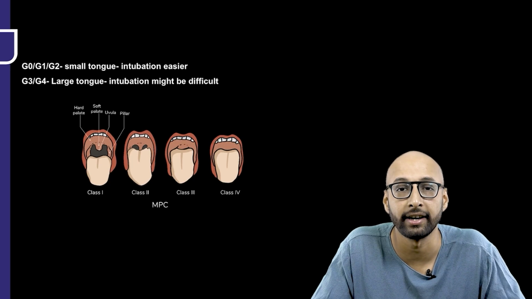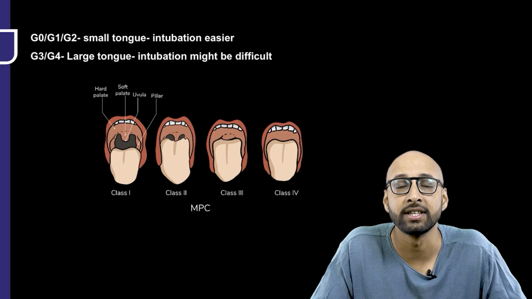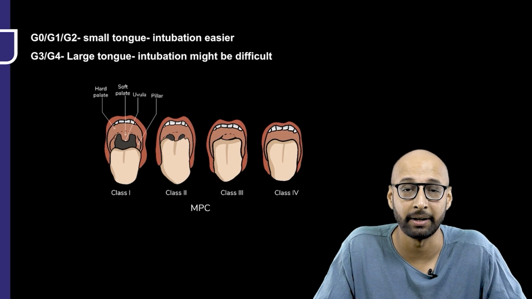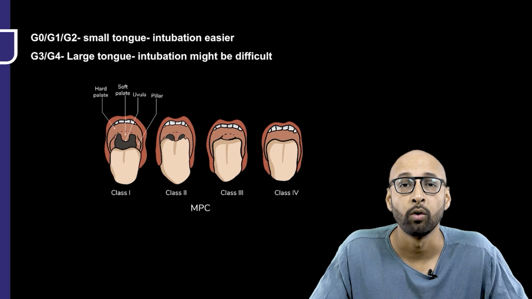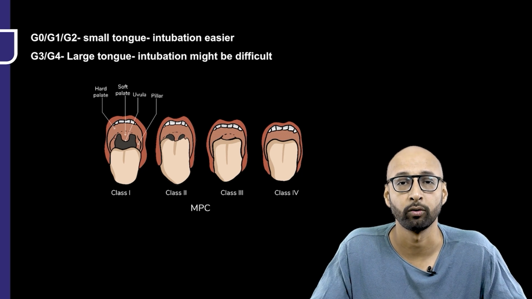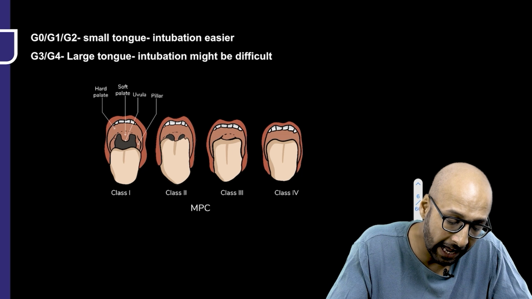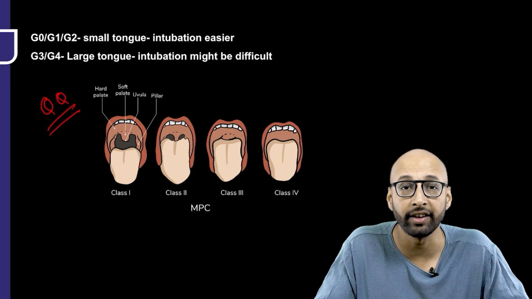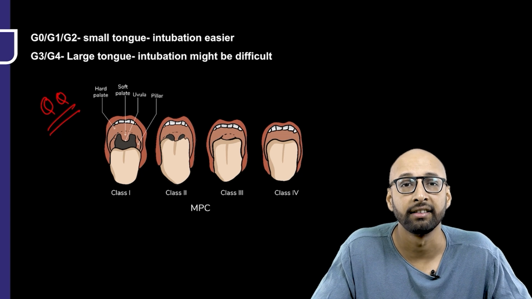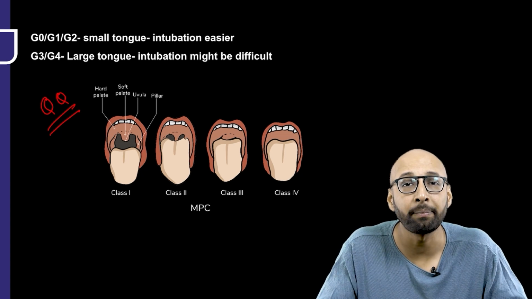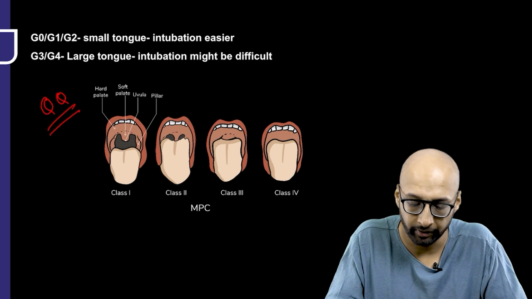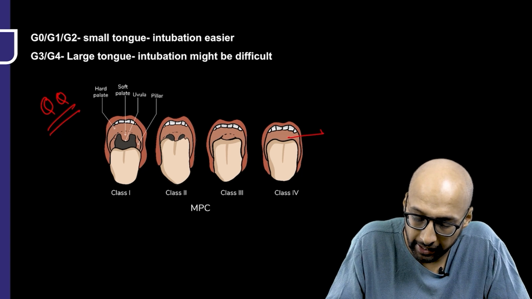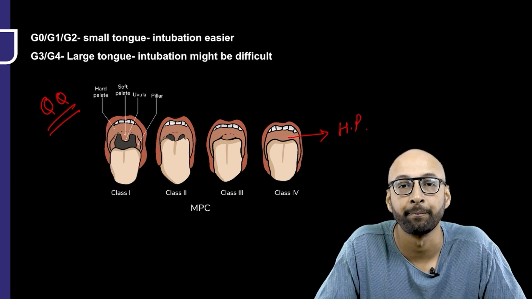The picture which I am showing you right now has been given directly in the examinations, asking what this grading is known as. So there have been direct questions pertaining to these figures. As you can see, the hard palate is visible in all of them. This is Mallampati class 4 and you can see the hard palate over here.